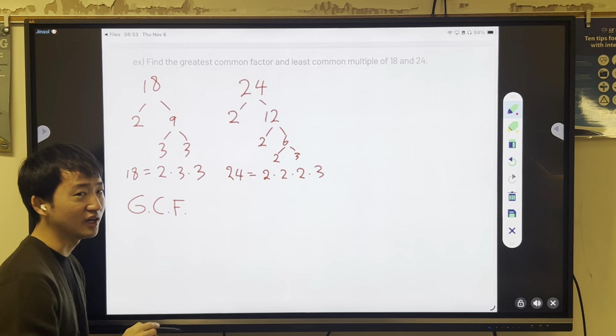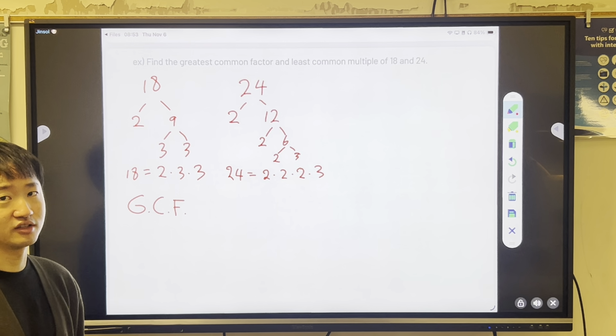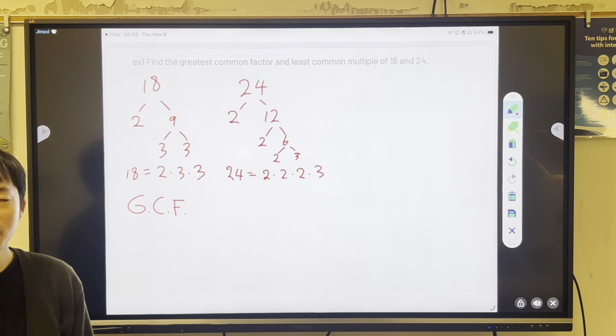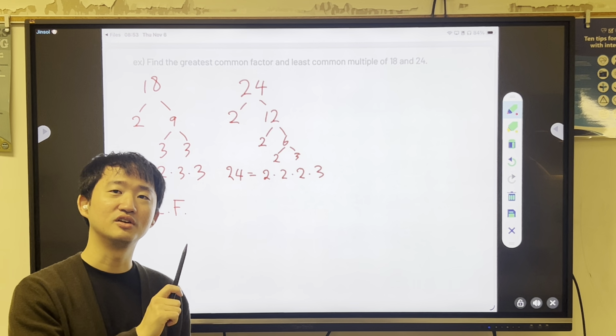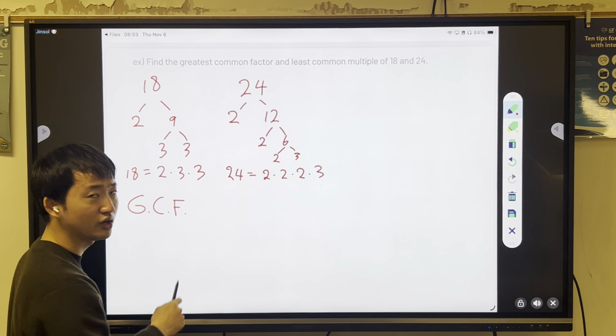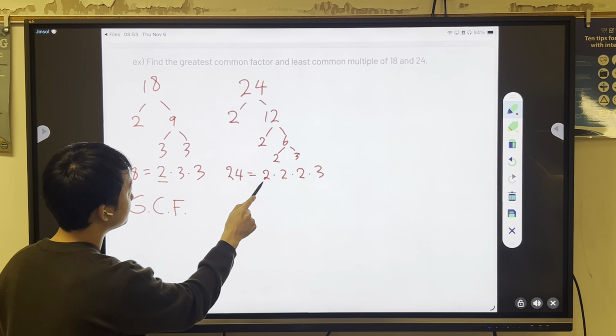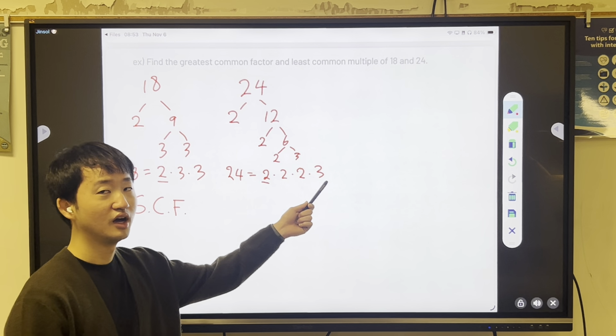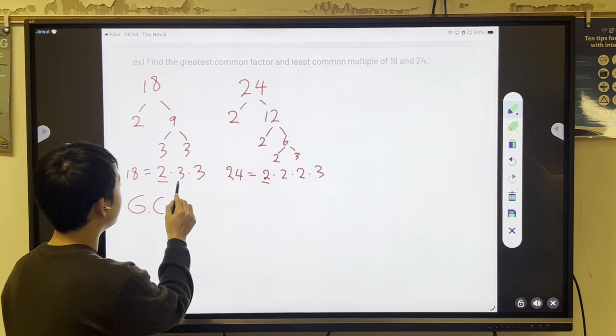To find the GCF, we want to find the common factors. Every time I see a common factor for 18 and 24, I'm simply going to underline them. Well, I see a 2 and 2. They're common, so let's underline them. I also see that 3 appears in both, so let's underline them.